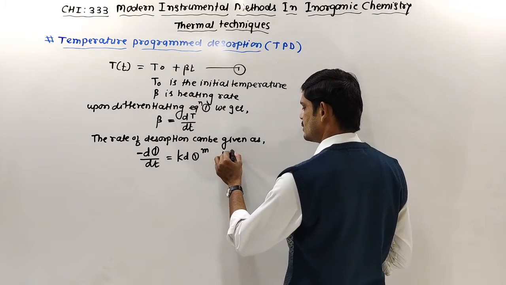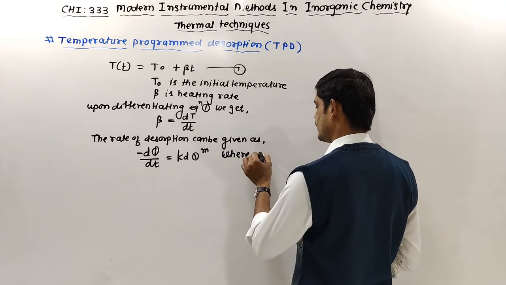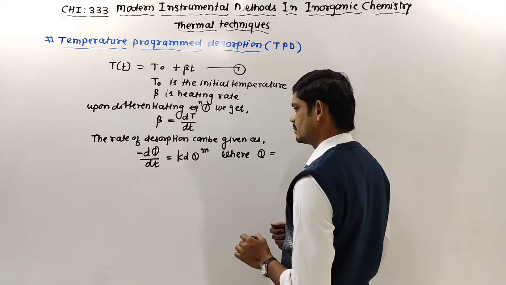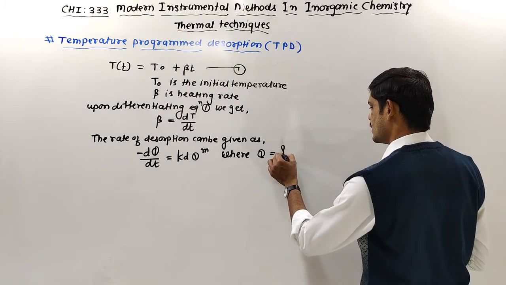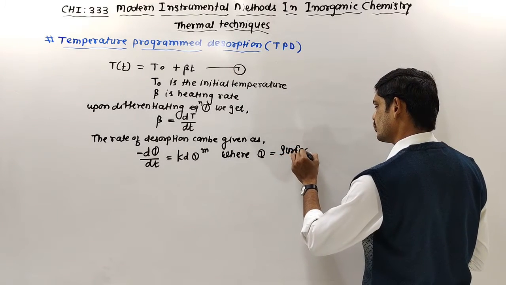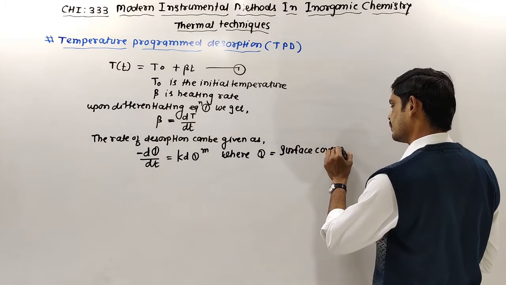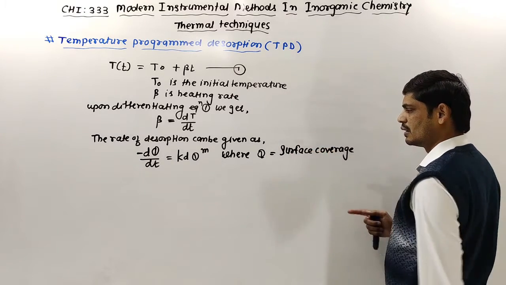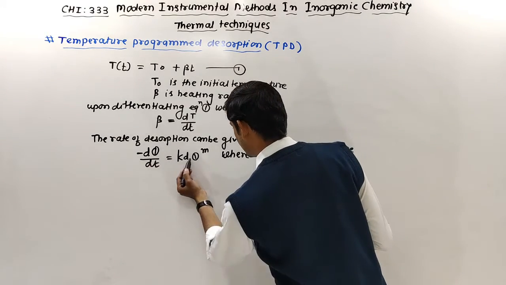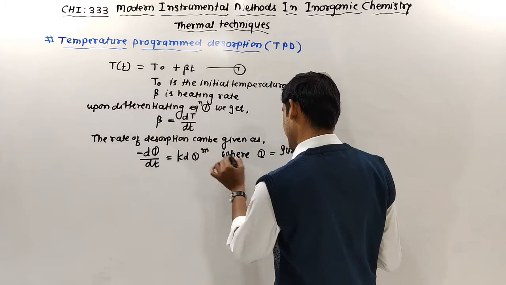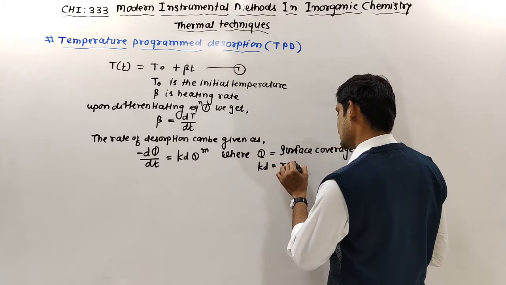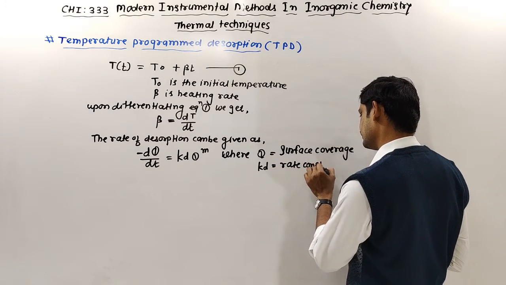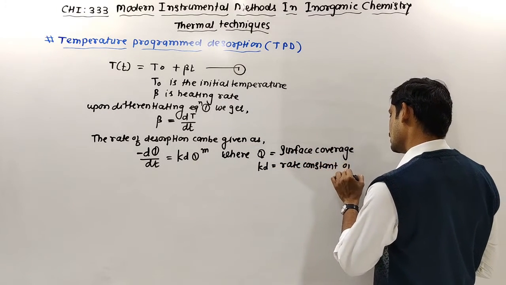Here in this equation, theta is the surface coverage, kd is a rate constant of desorption.